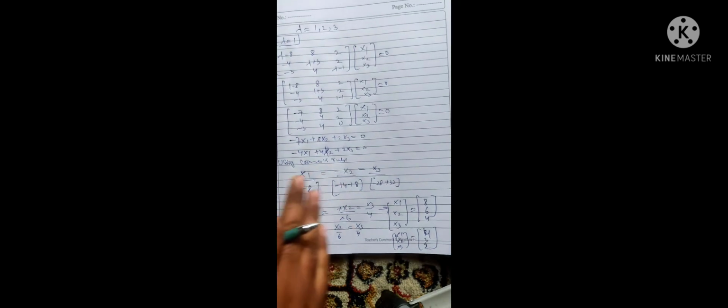Similarly we will solve for lambda is equal to 2 and lambda is equal to 3, with the same method. It's quite easy. So for lambda is equal to 2, now we have to consider the second case.